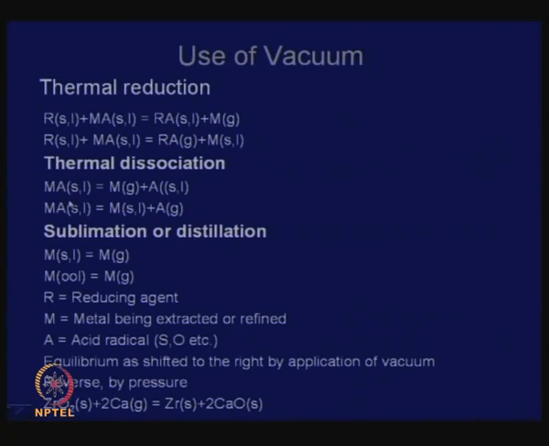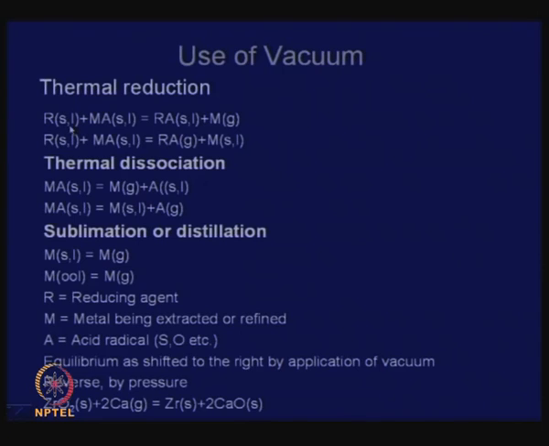Actually, A is the non-metallic part, and simply by heating we can dissociate that. During dissociation, we may produce the metal in the gas phase, or we may produce the metal in the solid or liquid phase. And if on the right hand side we have something in the gas phase, then by application of vacuum, we should be able to encourage the reaction to go to the right side.